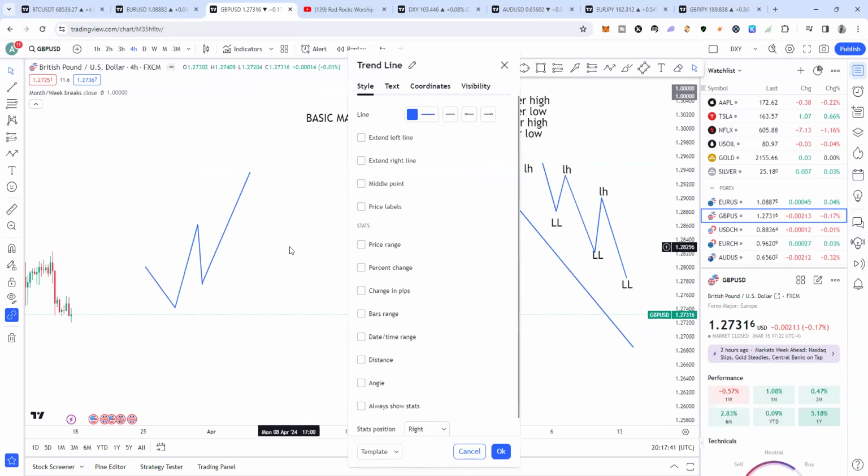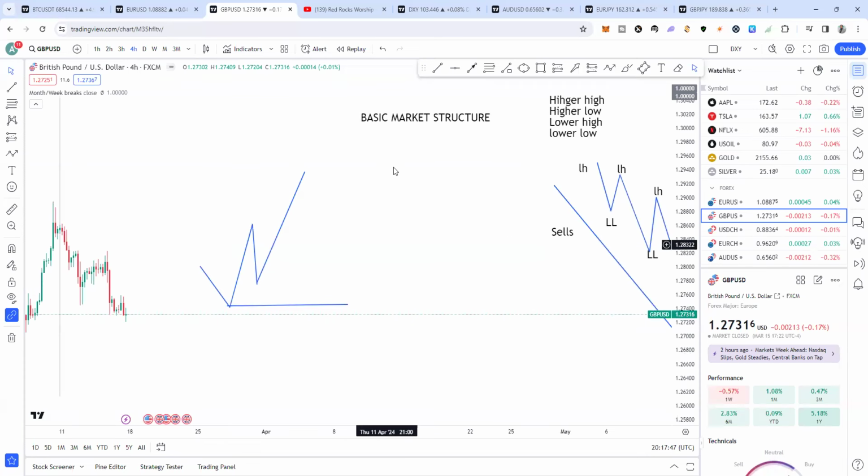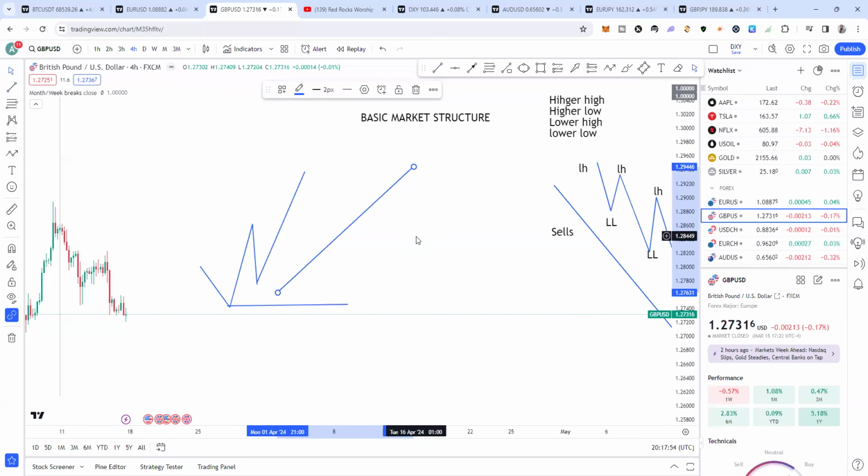At this point, we can now say the market is bullish, and we will be looking for a buy. Like I mentioned earlier, when you have a bullish trend, what you're looking for is a buy. It's that simple.